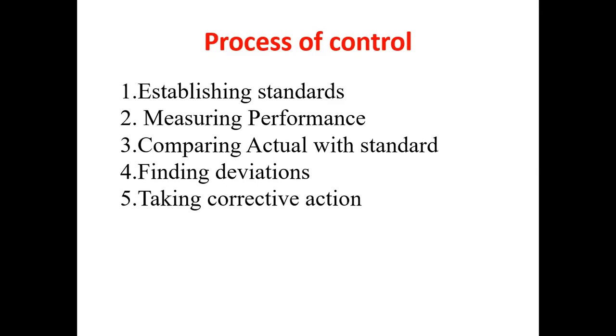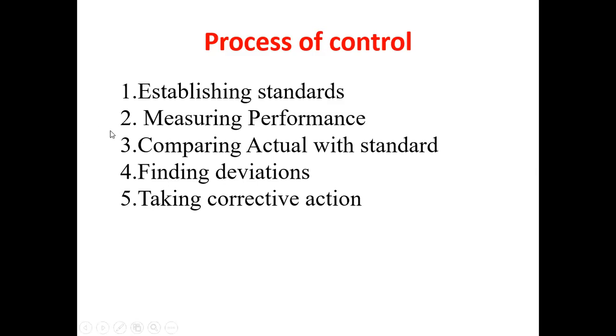Measurement of actual performance means not only knowing what has happened, but also what is likely to happen. Some parameters involved are the attitude of the workers and their morale to work, and their communications with the supervisors.